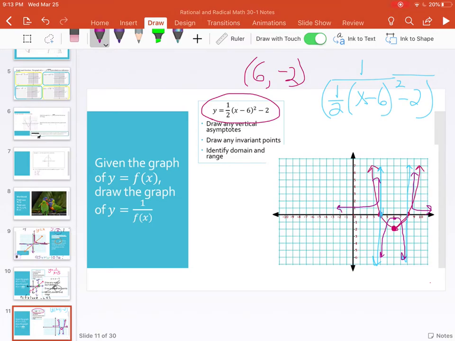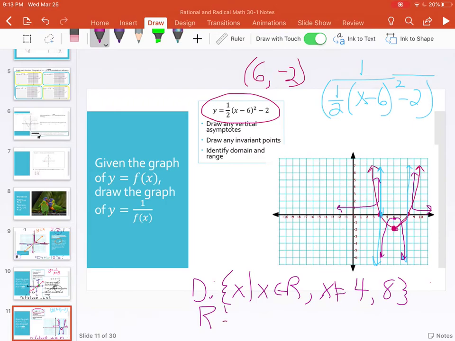So now to write my domain and range, my domain would be for all x values, x is any real number. However, x cannot equal positive 4 or positive 8. And my range would be for all y values, y is any real number.